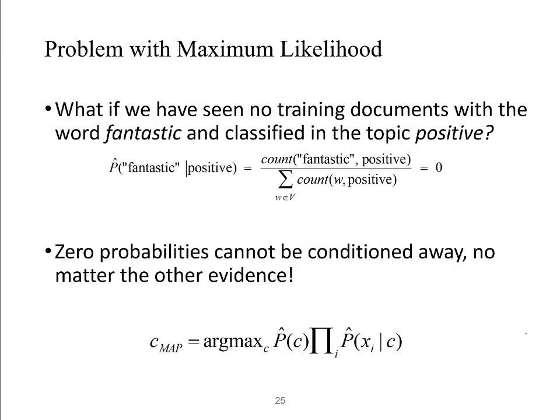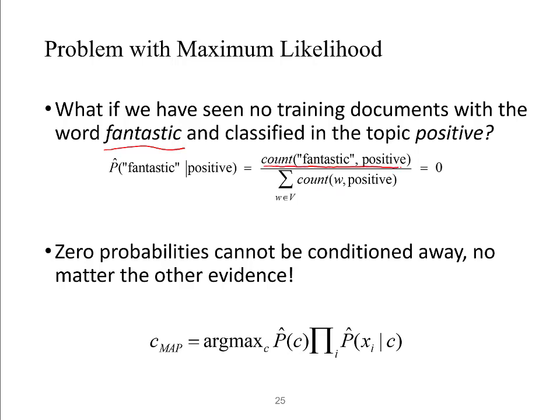Right. So the problem of the above method is that, for example, given the word fantastic, if there is no training document that contains the word fantastic and is classified in the topic of positive, then the probability here, using the formula from the previous slides, has a problem.